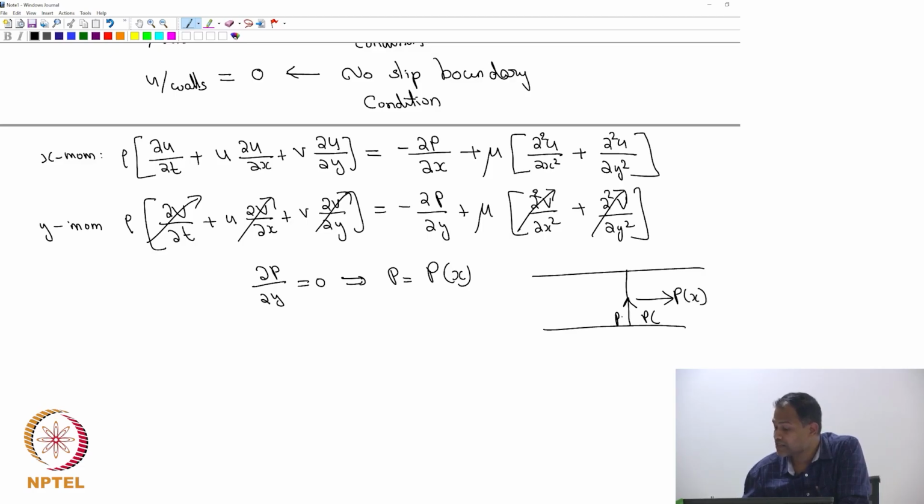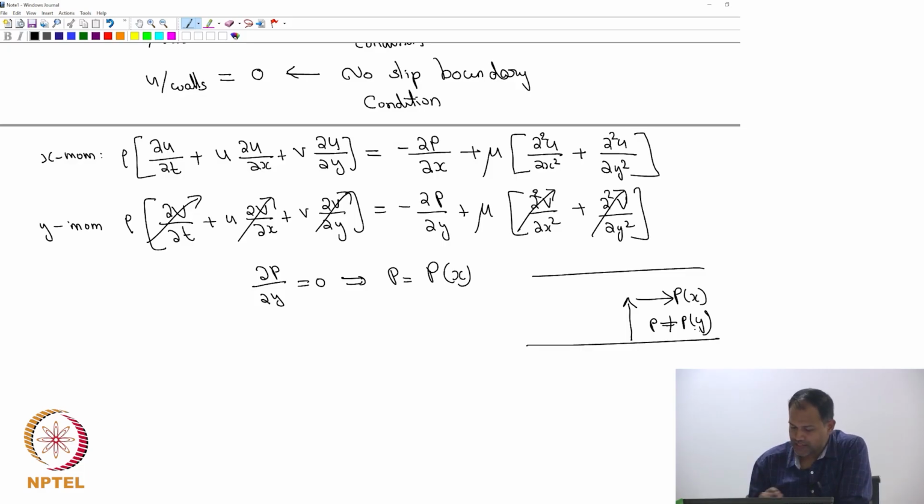So I will write pressure is not a function of y. Okay, so that is done. So that was the use of writing down the y momentum equation.